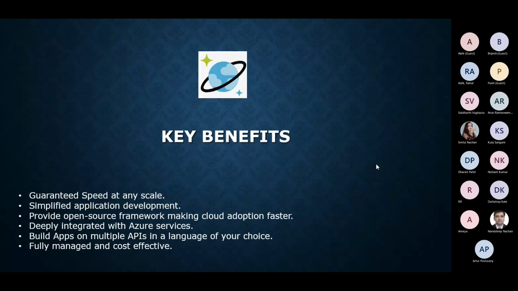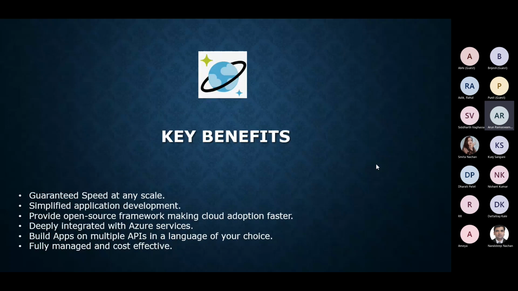Okay. So as I mentioned in my previous slide, you have multiple APIs provided by Cosmos DB. You have the MongoDB API, you have the Cassandra API, you have Graph APIs. You have NoSQL, that's the core NoSQL API.